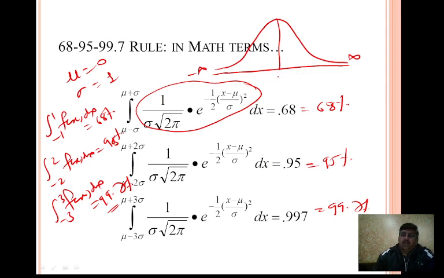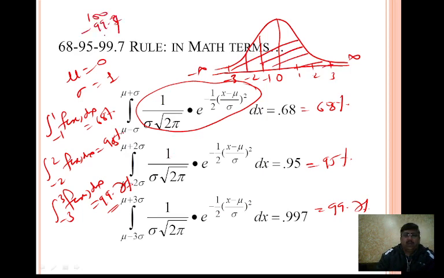But the point is, suppose here we have 0, and here we have 1, 2, 3, and here also minus 3, minus 2, and minus 1. So this part is 99.7%. And if you subtract 99.7% from 100, you will get only 0.3, which is a very small part. So you need not go beyond minus 3 and plus 3. That's my claim, and that's the beauty of the normal distribution curve.